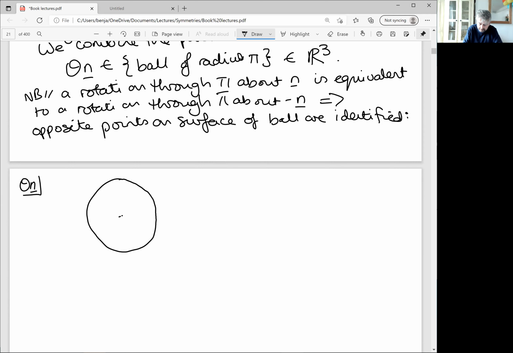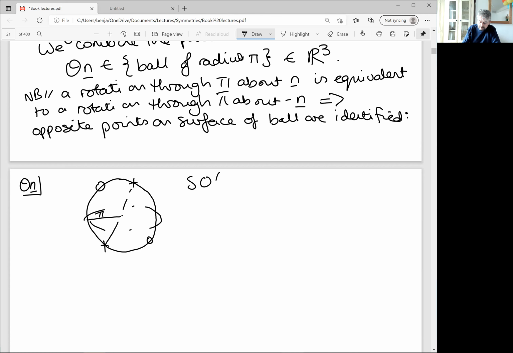The ball has radius pi. But on the surface, any antipodal points are identified. So the crosses are identified, and say these circles are identified.